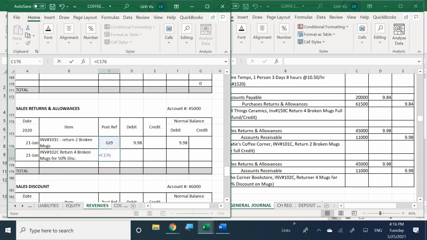GJ9, debit of 998. Then if you move over and do your formula, it should be equals above plus debits minus credits. It should give you a balance of 1996. 1996.